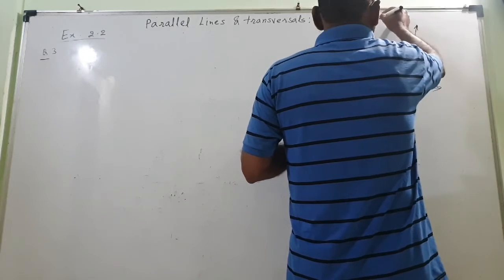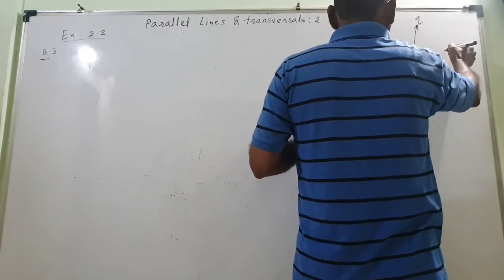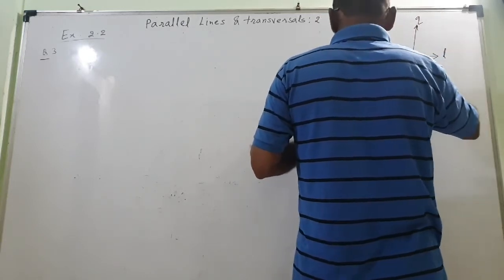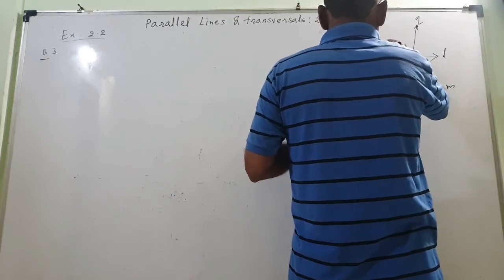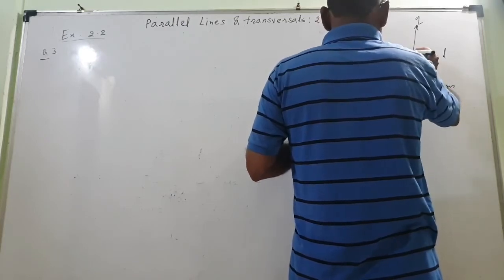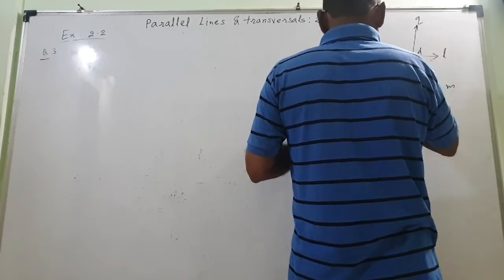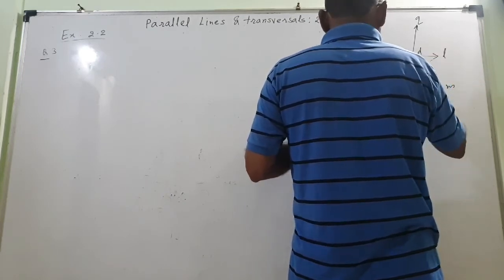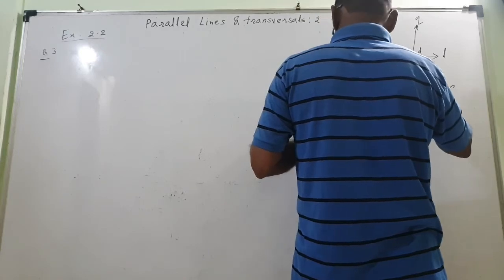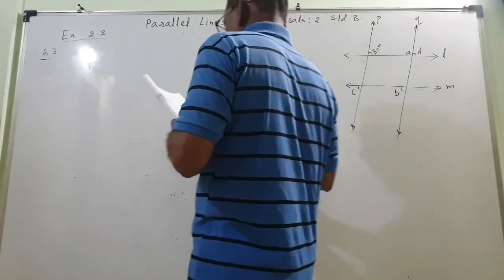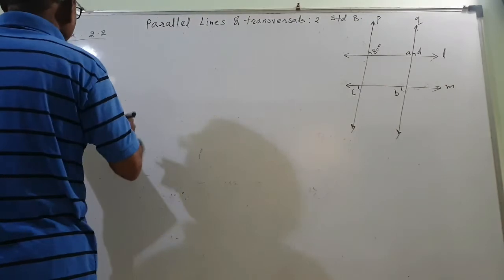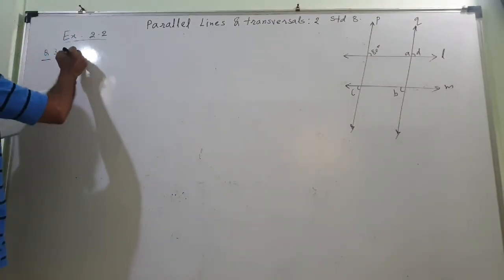This is P line, Q line, L line, M line. This is 80 degree. This is A. This is D. This is C. This is B. So what is given, that is important.